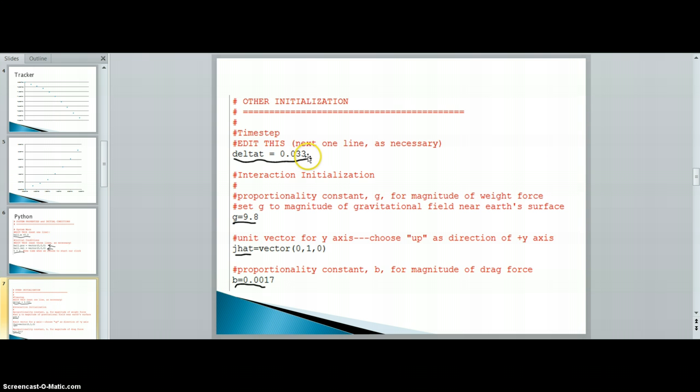The delta t, we get that by using the frames per second for my camera, the iPhone camera, 33 frames per second. So I used 9 frames from 50 to 59, and the time difference between every frame is 0.033 seconds. The gravitational constant is just 9.8. J hat we use as 1, and the B I used was 0.0017.